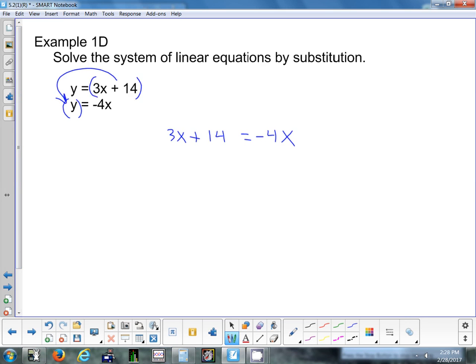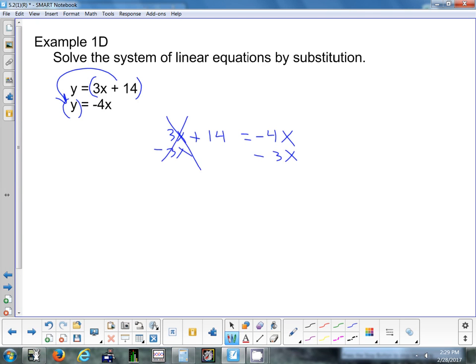All right, so who can tell me my next step? I want to get all the x's on one side, right? So right now, we have things without x's on the left. So we have to get things with x's over on the other side. Josh? Yeah, we'll subtract 3x.